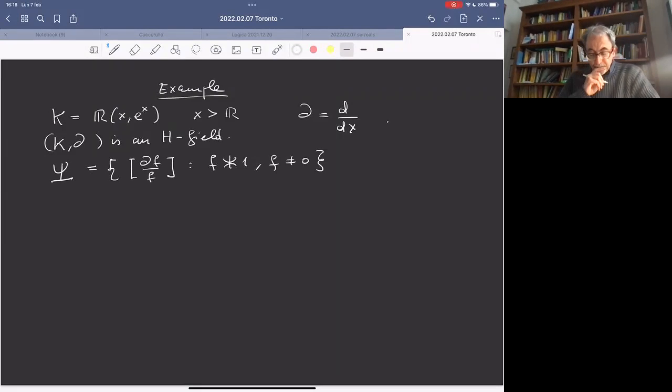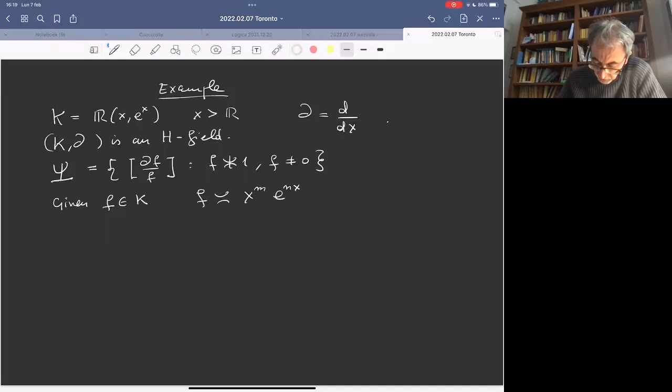Now f is a rational function in x and e^x. So given f in K, we know that f is comparable to a monomial of this field. A monomial of this field is a power of x times a power of e^x, x^m e^(nx), with m and n possibly negative.